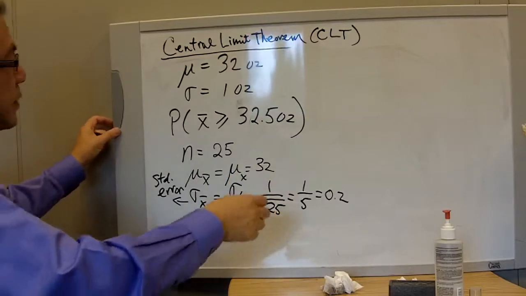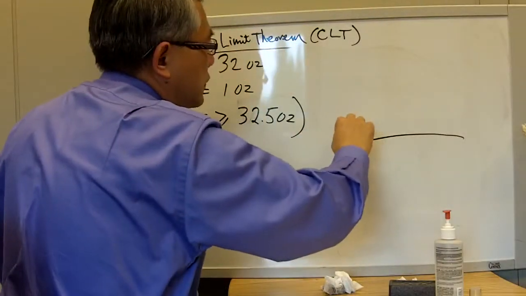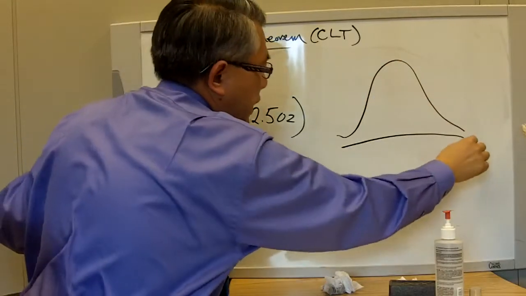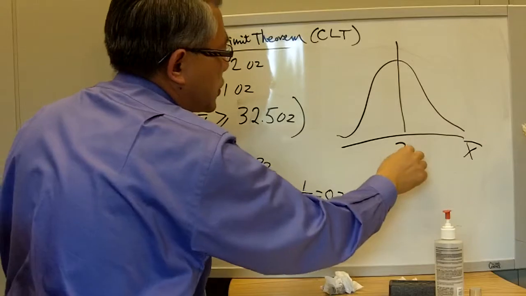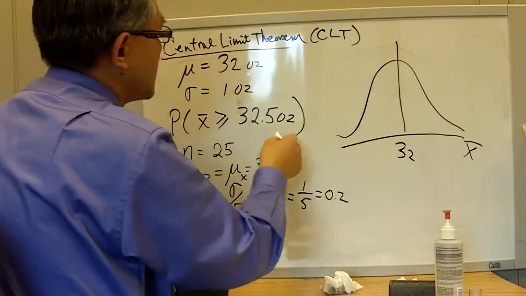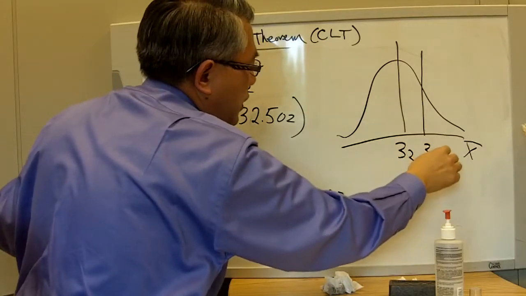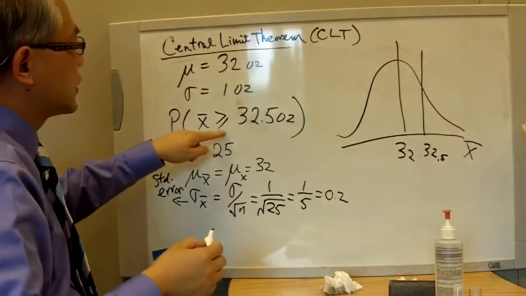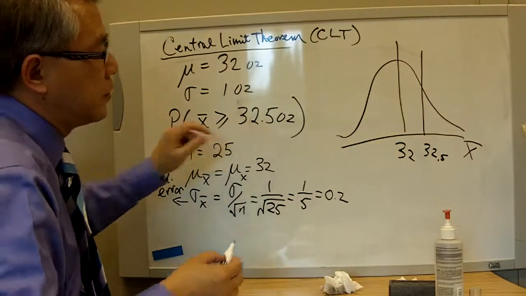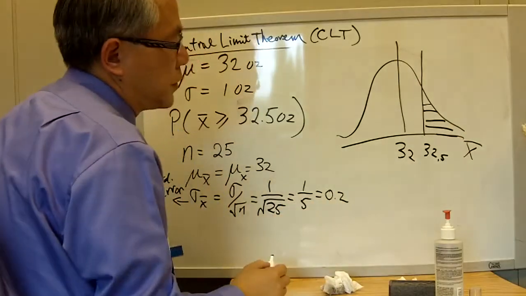So with these two parameters, let's sketch that normal curve, and this x bar distribution here has its center at 32. What is the probability that this would be 32 and a half or more? X bar is greater than or equal to 32 and a half. So this is the shaded area that we are concerned about.